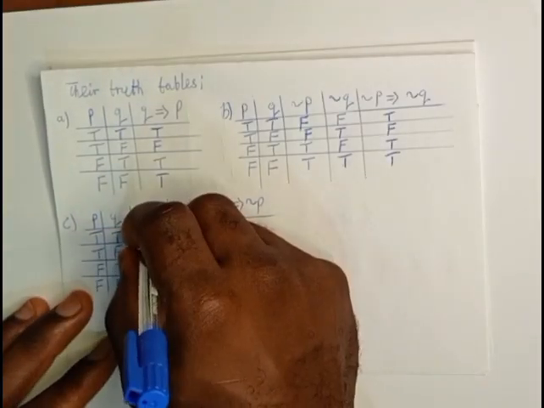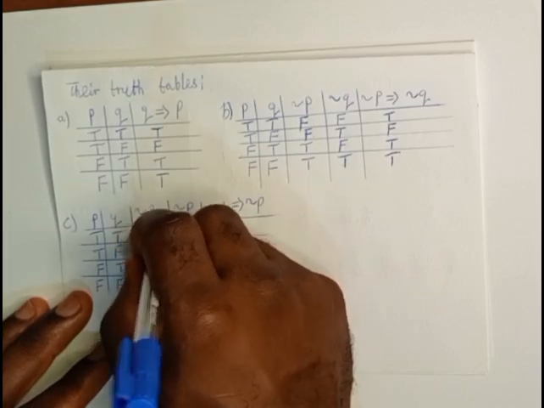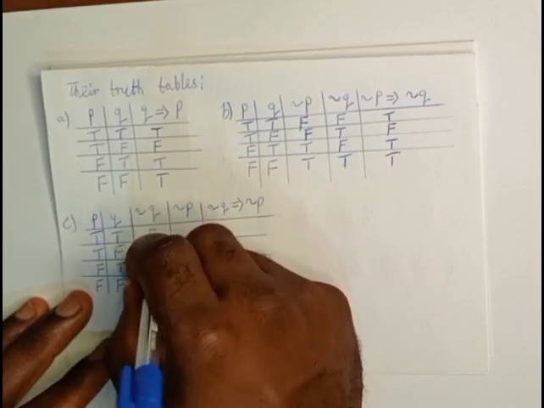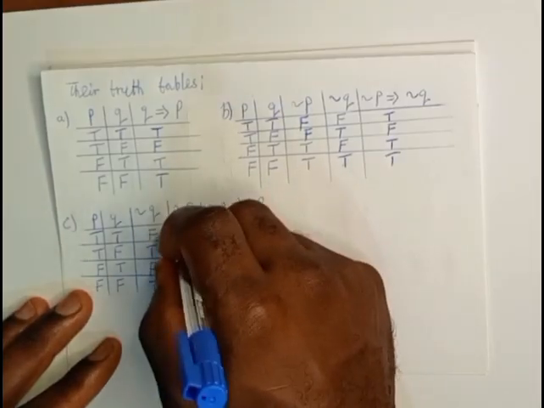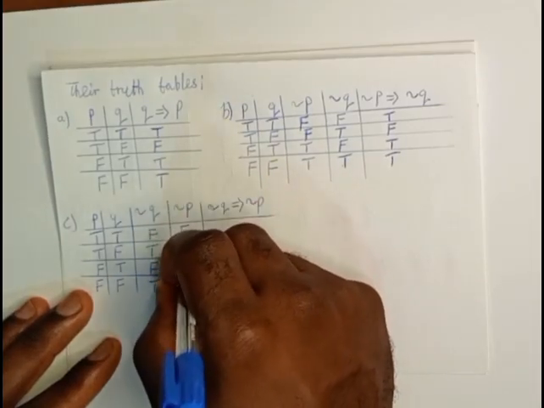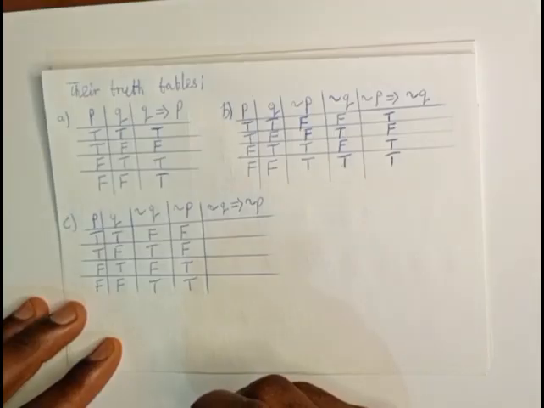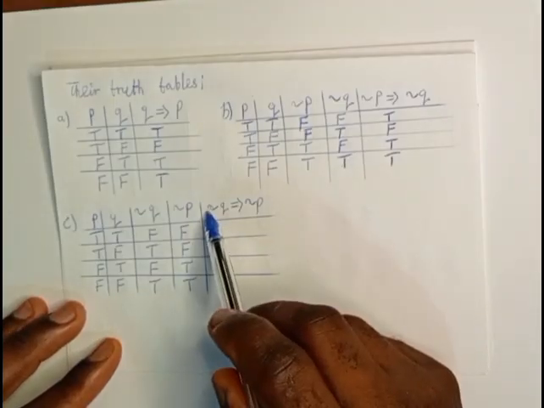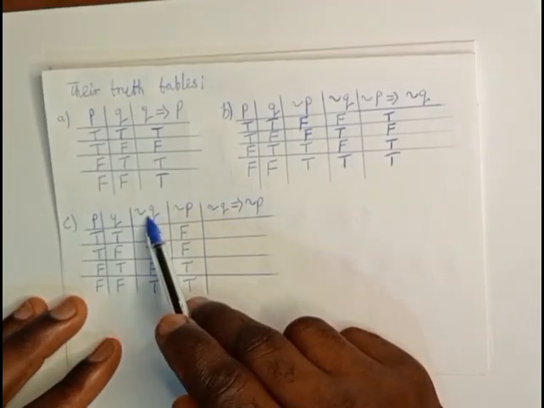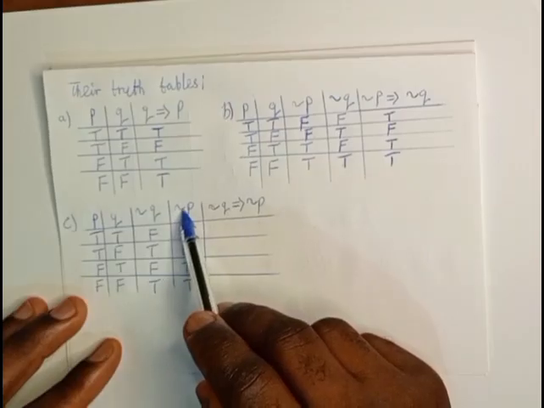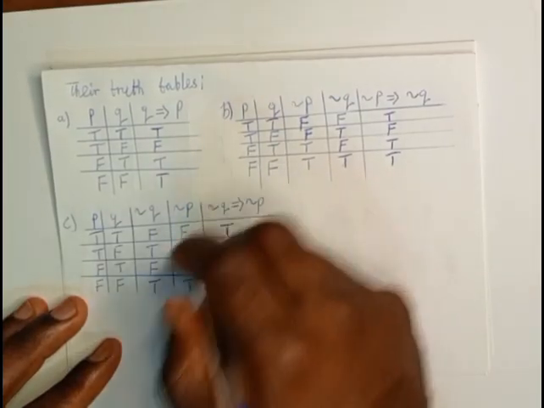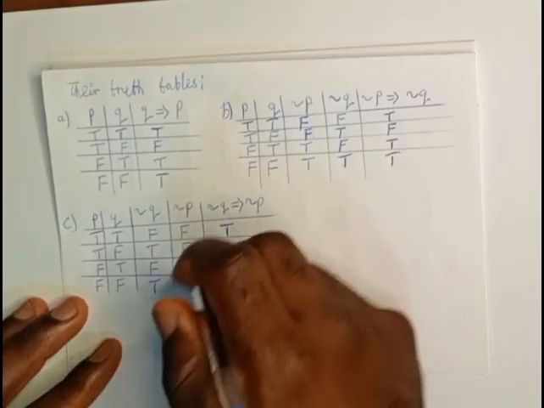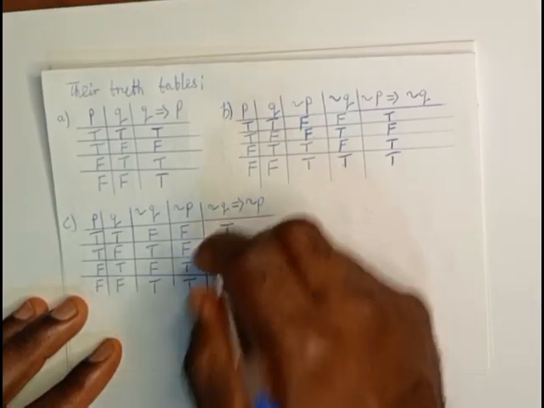Not Q is false, true, false, true. Not P: false, false, true, true. The implication of not Q implying not P: false, false gives us true. True, false gives us true.